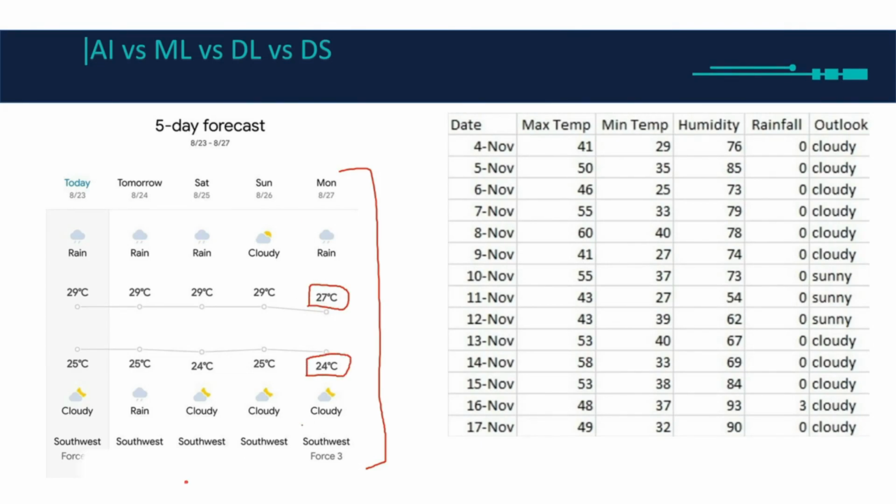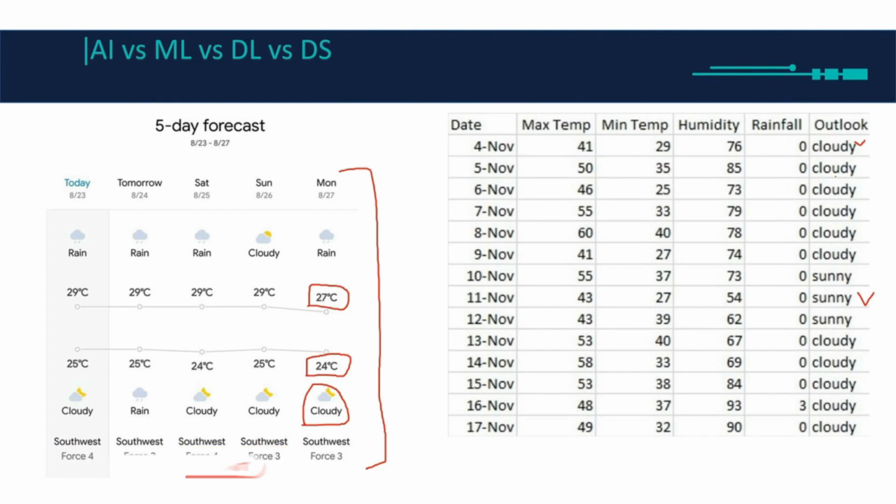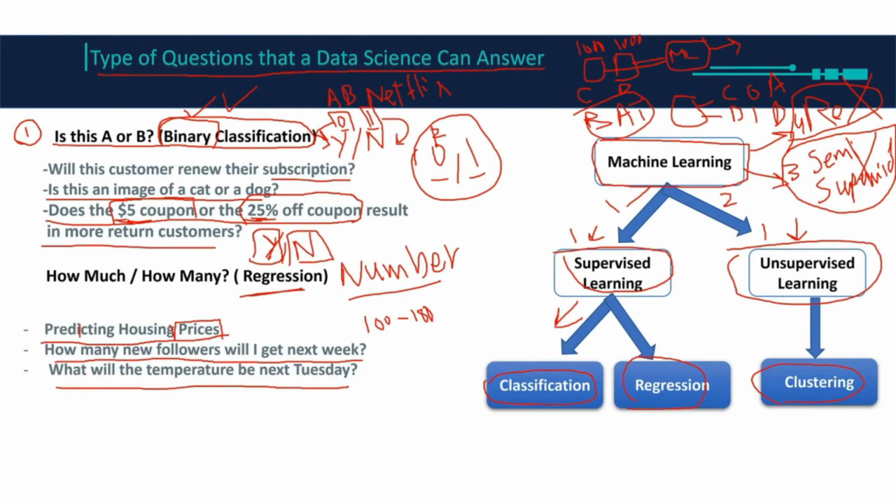And then we're going to have a categorical here, cloudy, whatever. If the outlook was cloudy, sunny, or rainy, let's say we have 3, since the output is text, it's going to be what? Categorical. But if it's temperature, it's going to be what? Regression. So what will be the temperature next Tuesday? This is a regression problem.